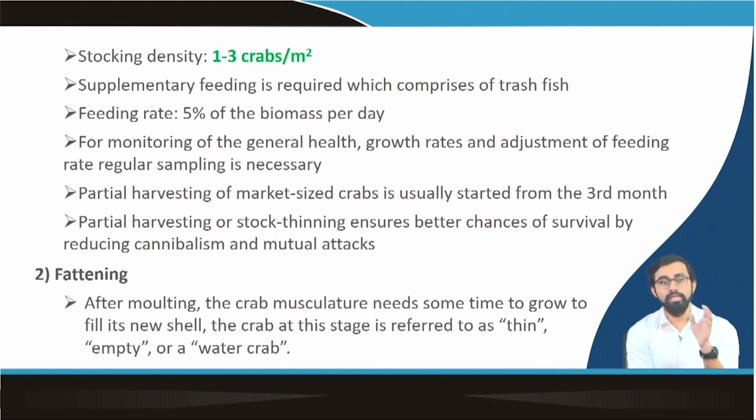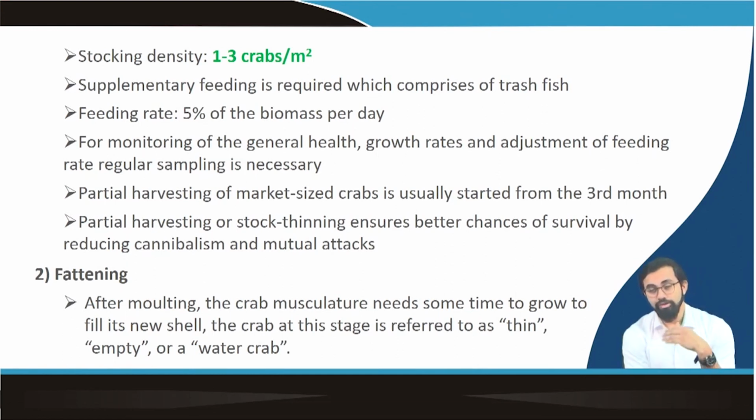In general, partial harvesting can be done when market size crabs are reached, around the end of the 3rd month. You have to properly monitor their general health and growth rate, and adjust the feeding rate. Regular sampling is very necessary, because otherwise you won't understand their feed demand.